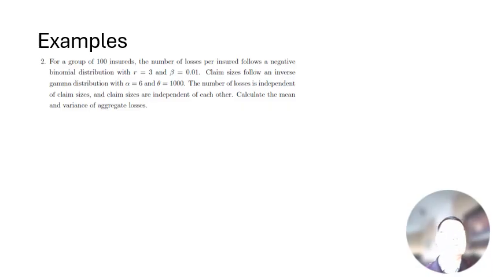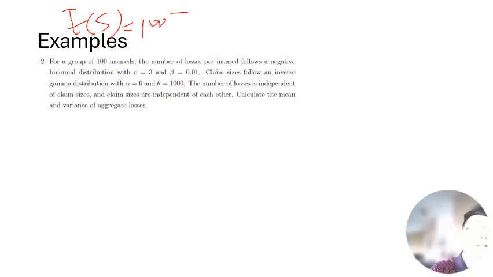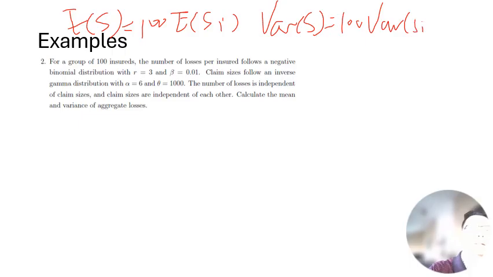So from what we learned earlier, we know that ES will be equal to 100 times ESi, and the variance of S will be equal to 100 times variance of Si. And for each Si, we can calculate the expected value.